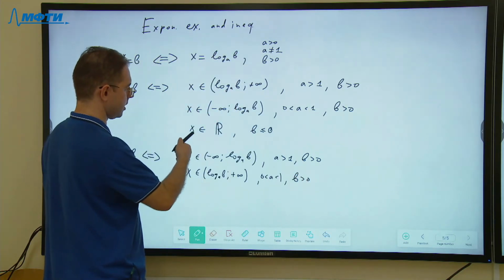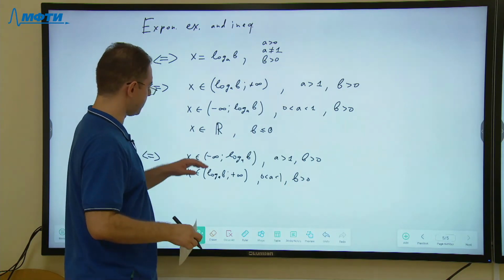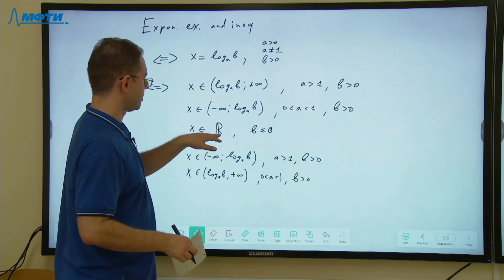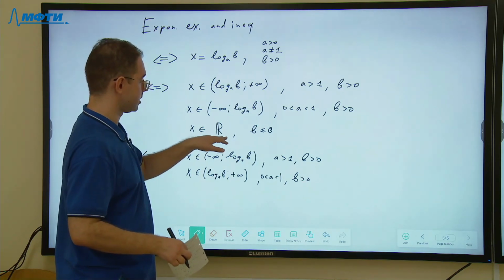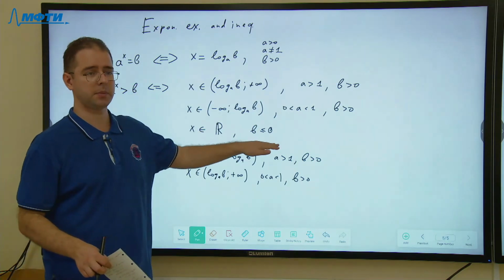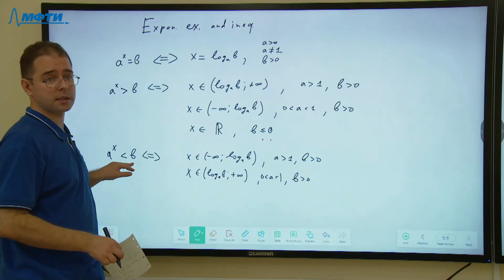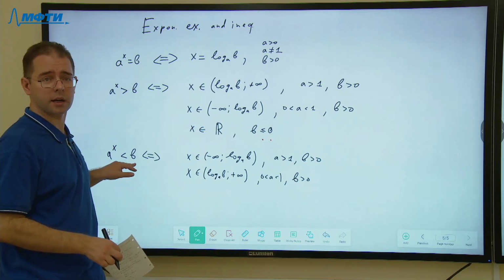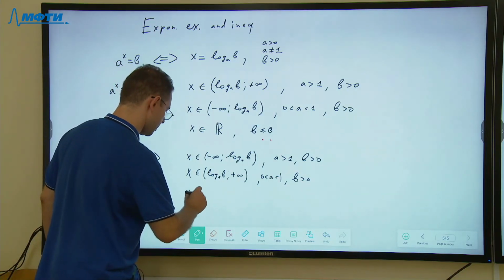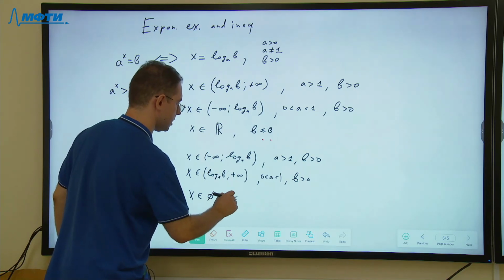And this third line is a bit different. Since for any x, a power x is greater than this negative number b, the solution of this inequality is just none. There are no solutions for this inequality, provided that b is less than 0.